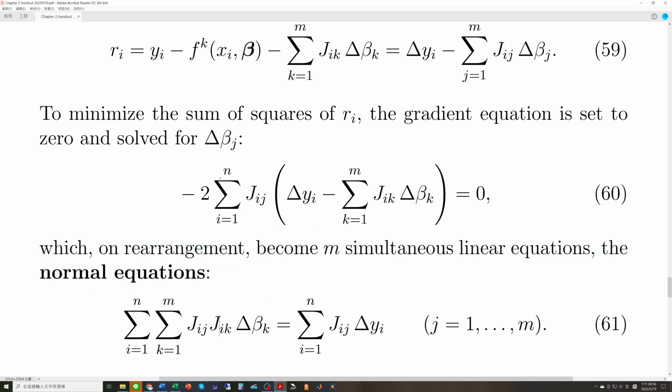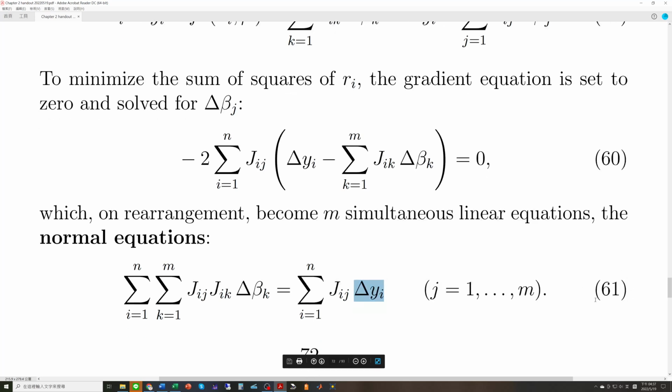After some rearrangement, summation i is equal to 1 to n moves here, summation k is equal to 1 to m moves here, capital Jij moves here, capital Jik and delta beta k move here, and delta yi is moved here. So it is very easy to get equation 61, where j is equal to 1 to m.